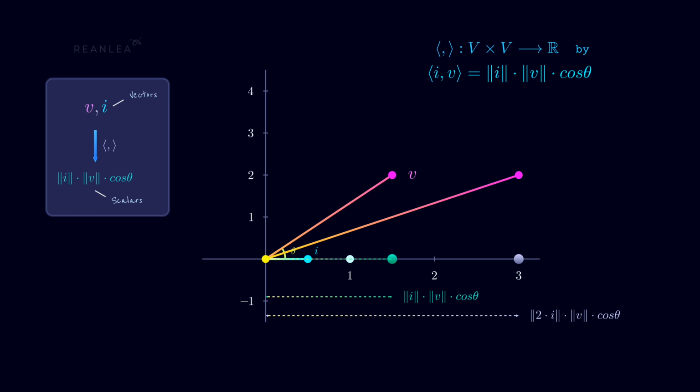Here you know all the different positions of these two points represent different vectors in R2.